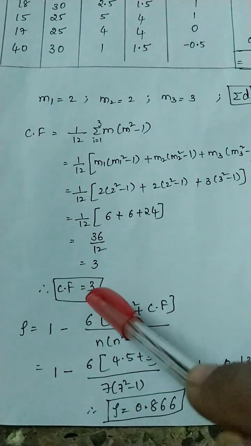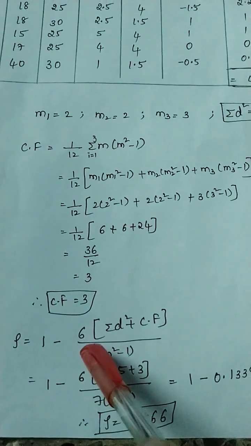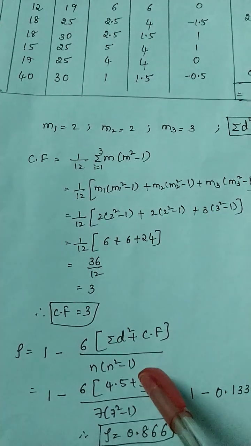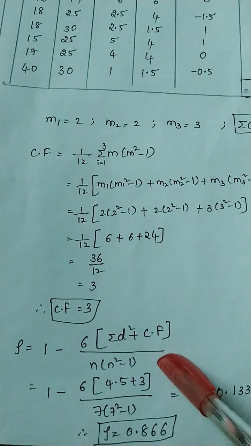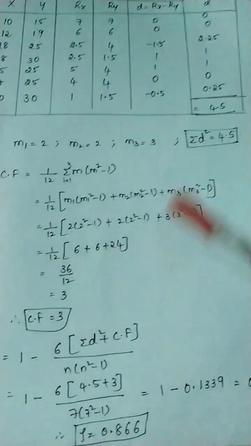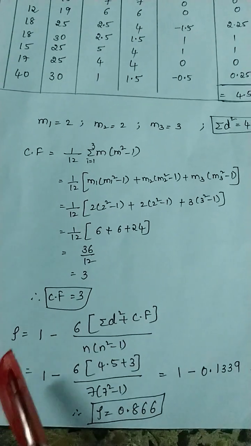Now we are going to substitute the correction factor in your formula, that is rho is equal to 1 minus 6 into summation d square plus correction factor by n into n square minus 1. N is nothing but 7, the correction factor is 3 and summation d square is 4.5. We are just substituting all these values in the formula.